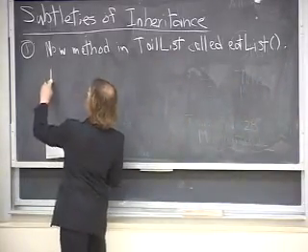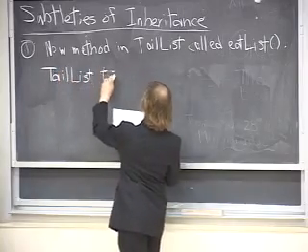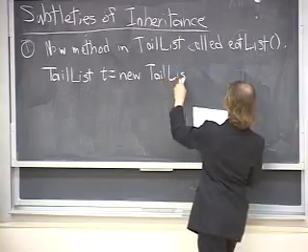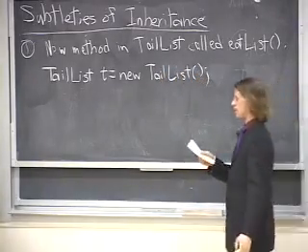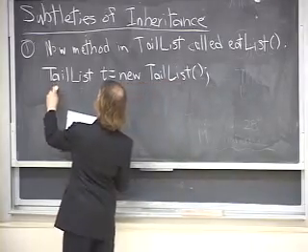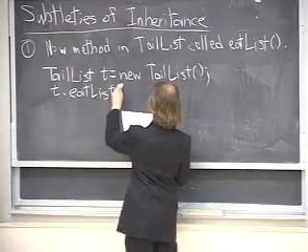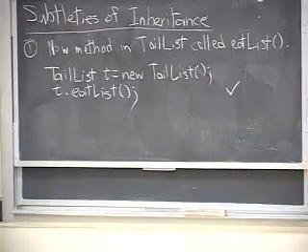So I could write, for instance, TailList t equals new TailList. So t points to a TailList, and then I can call the eatList method on t. And that works just fine, as you would expect it to.